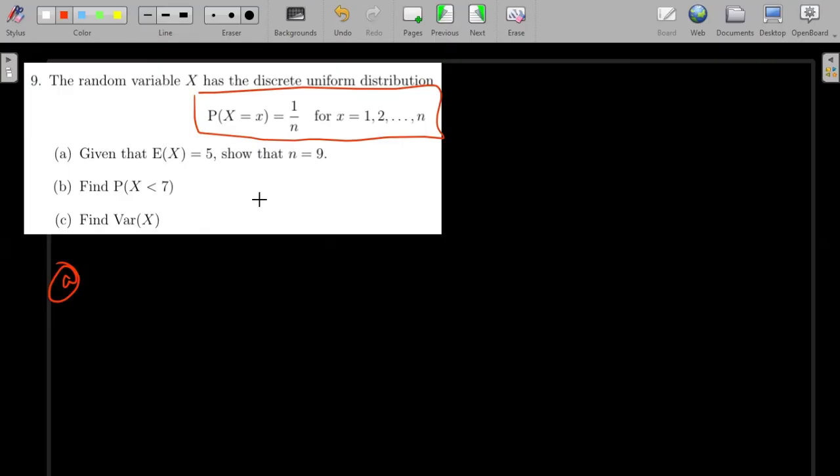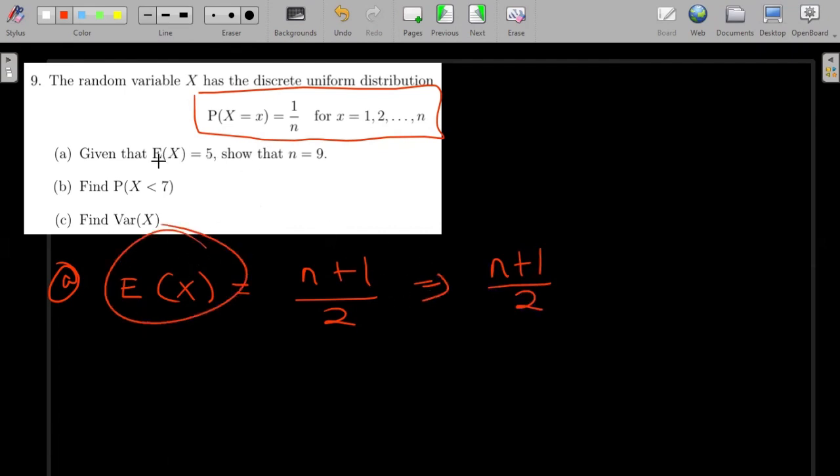Here you have to know the formula for the expected value under the uniform distribution. Under the uniform distribution, the expected value of x is given as n plus 1 divided by 2. They're saying this expected value is 5, so I'm going to put it equals to 5.